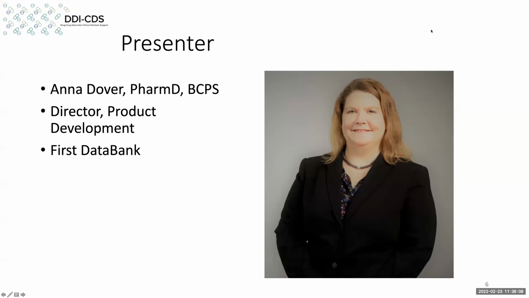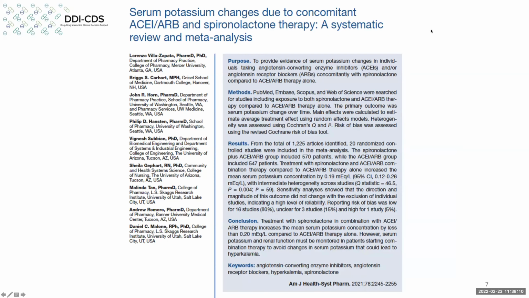Just to let folks know some of the work that we've been doing, we published a paper in the December 15th issue of AJHP, looking at serum potassium changes with a combination that you probably see alerts on frequently, and that's ACE-ARB and spironolactone, a potassium-sparing diuretic.